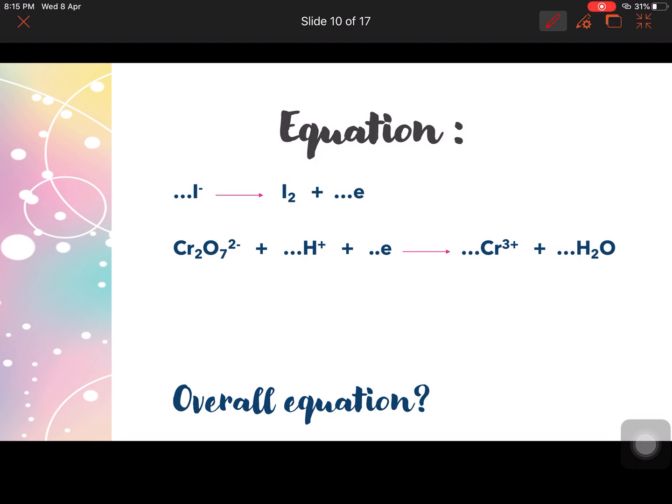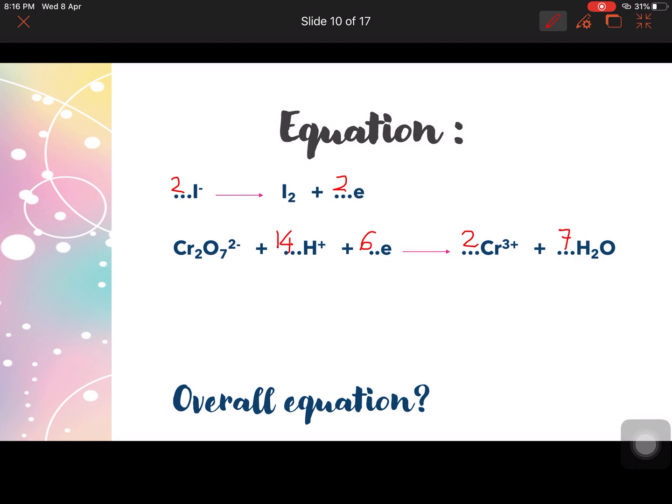How about the overall equation? Potassium iodide, balancekan dia sekejap. 2I minus produce I2 here. This one will be 2 electron here. Okay, from dichromate ion, accept 14 hydrogen plus 6 electron to form 2 chromium ion and 7 H2O.